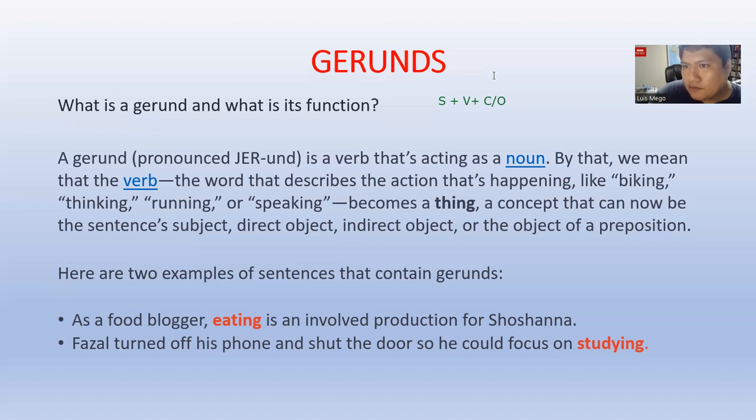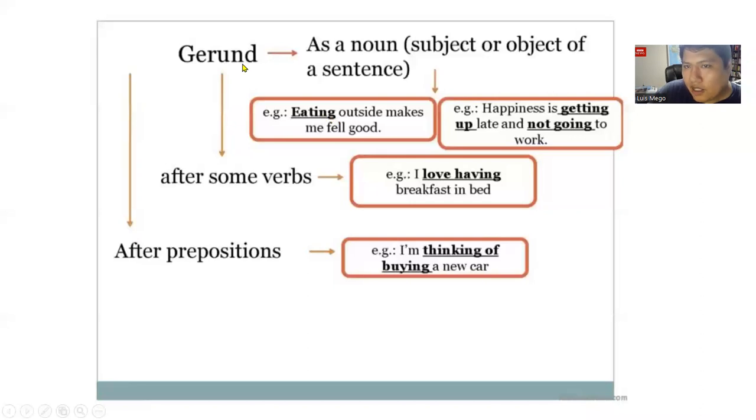Let's see. As we said before, a gerund here acts like a noun, subject or object of a sentence. You can see here some examples like eating outside makes me feel good, right?